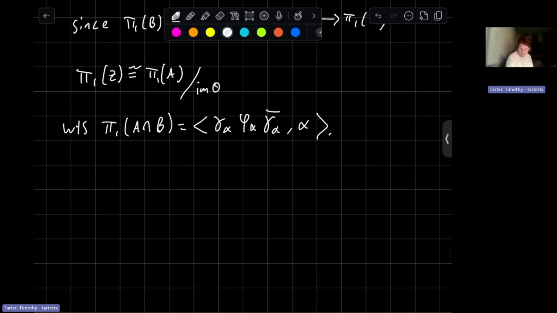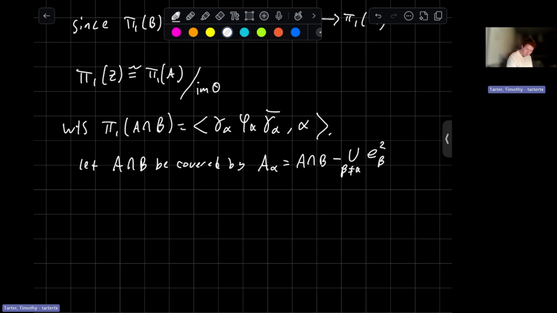So let A intersect B be covered by A alpha, equal to A intersect B minus the union over beta not equal to alpha of beta 2 cells.